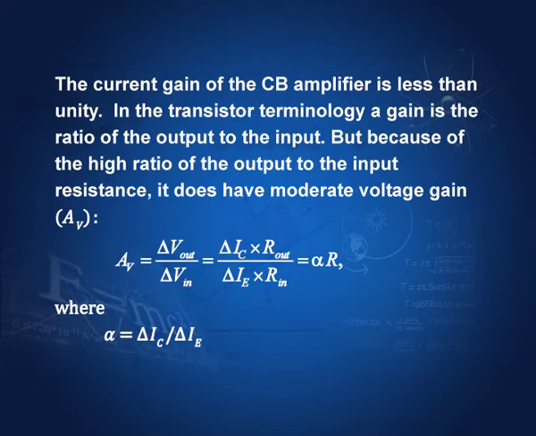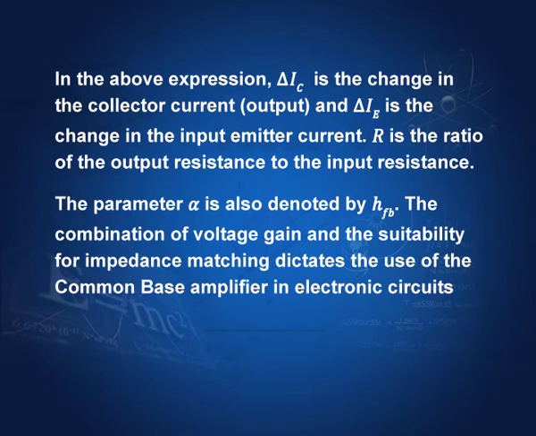The current gain delta IC by delta IE of the common base amplifier is called alpha, and the ratio of the output resistance and the input resistance is called R. So, the voltage gain is alpha times R, where alpha is the current gain and R is the ratio of the output resistance to the input resistance. The parameter alpha is also denoted, sometimes in some books at a higher level, by HFB.